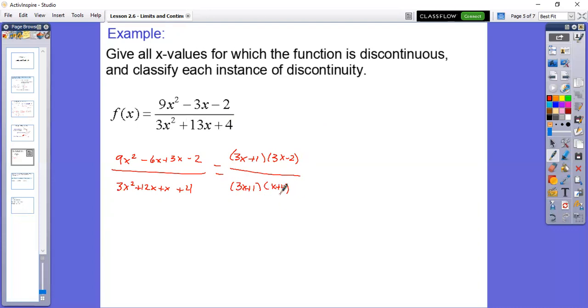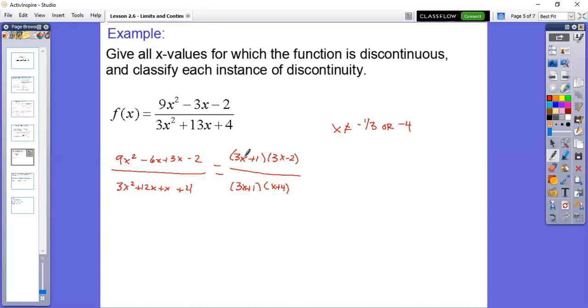All right, so now the denominator is what is going to cause discontinuities. So x cannot be equal to -1/3 or -4. Because if I try to plug either of those numbers into the denominator, I end up getting a value that is 0, and 0 times anything is 0, so I'd end up dividing by 0.